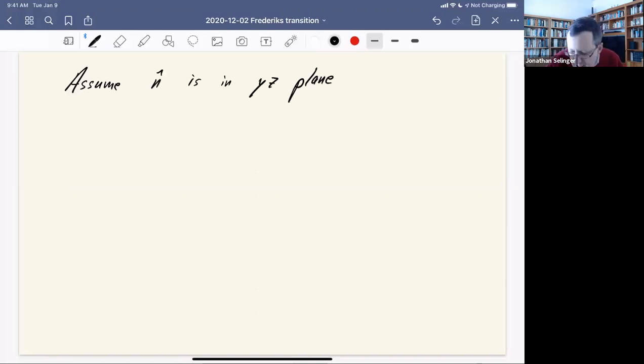So that means that we can write it explicitly in terms of some angle in the YZ plane. So we could write it as N is 0 in the X direction, comma, sine theta in the Y direction, and cosine theta in the Z direction, where theta is the angle away from the Z axis.